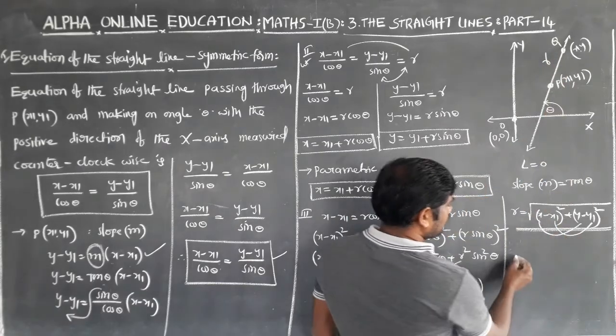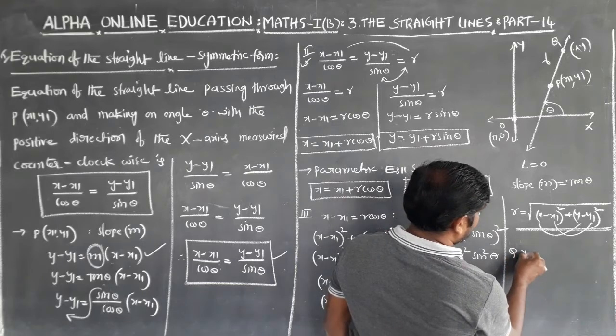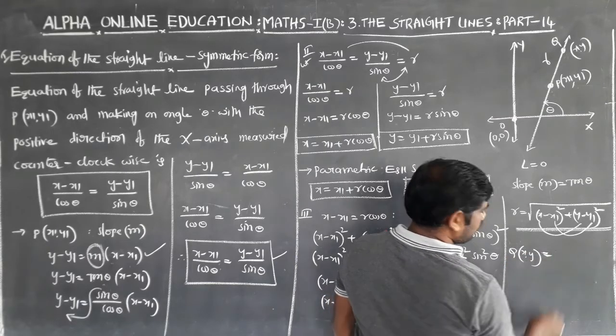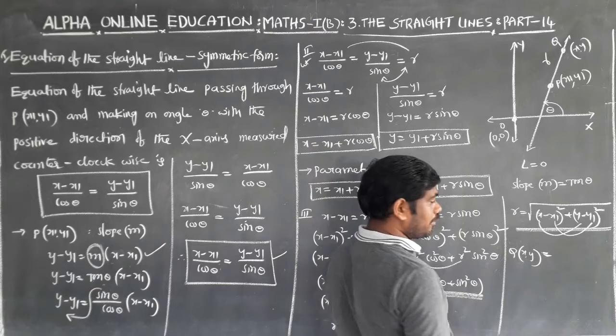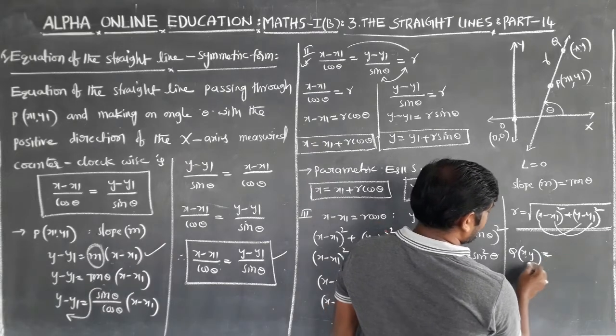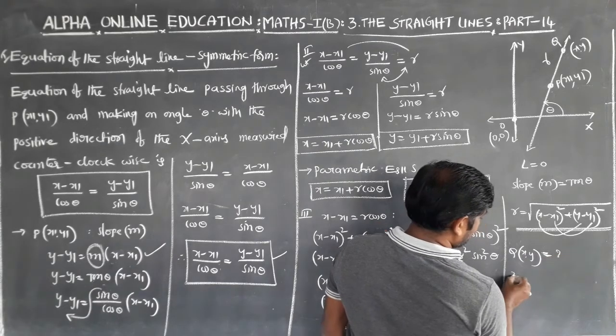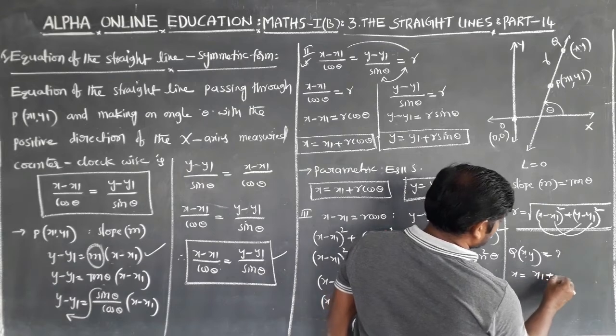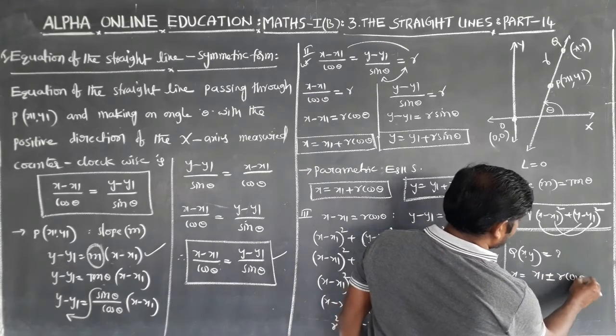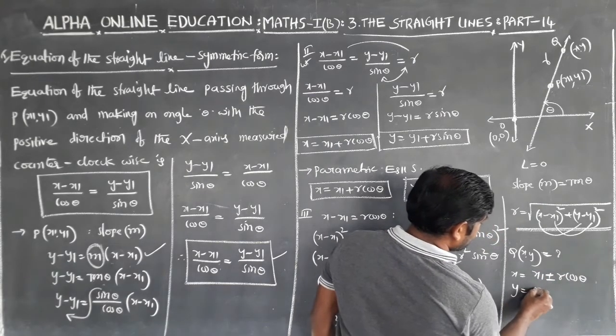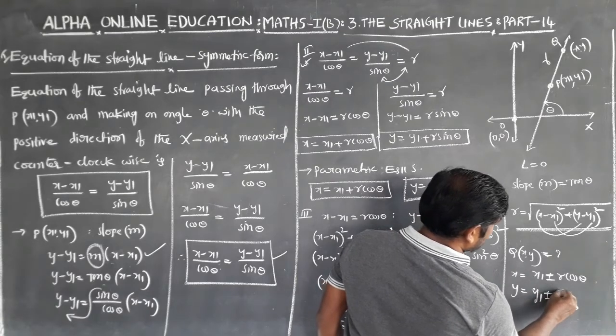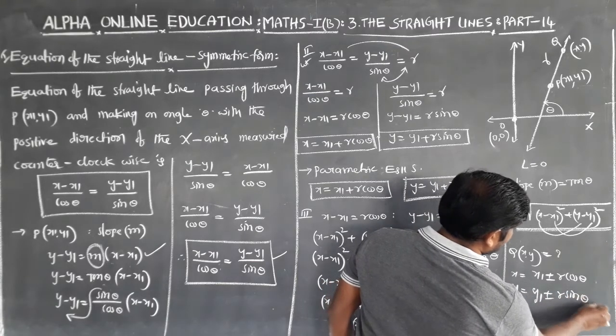Here, find the coordinates of the point Q. The point Q (x, y) is given by x is equal to x1 plus or minus r cos theta, y is equal to y1 plus or minus r sin theta.